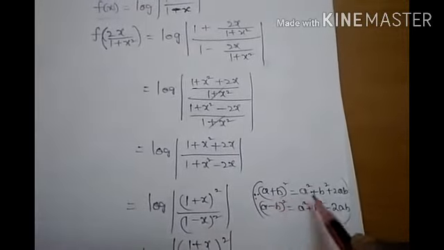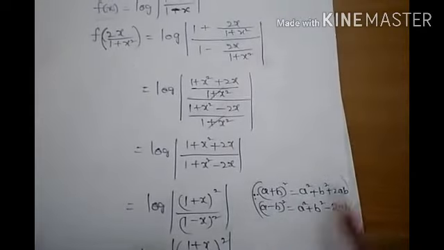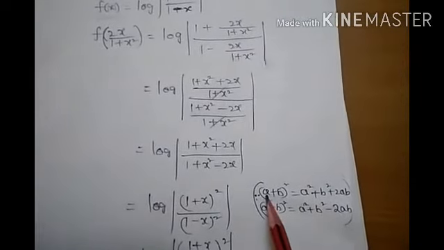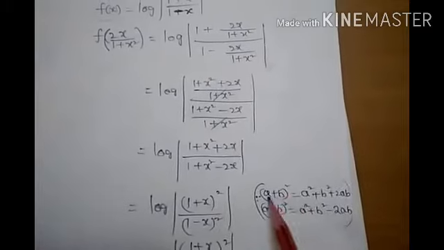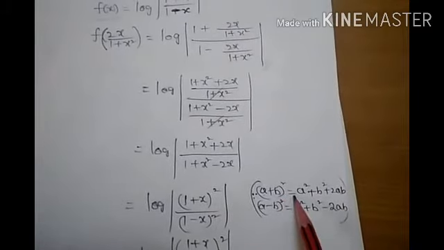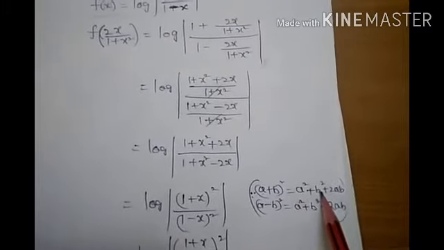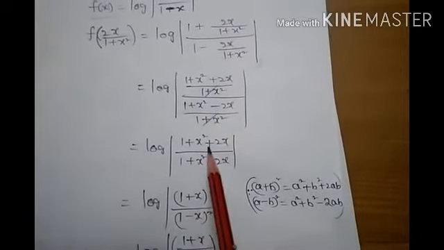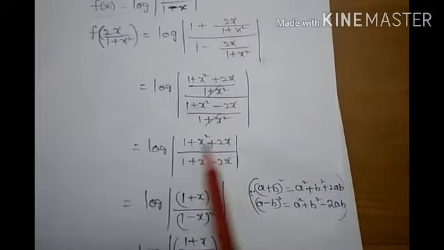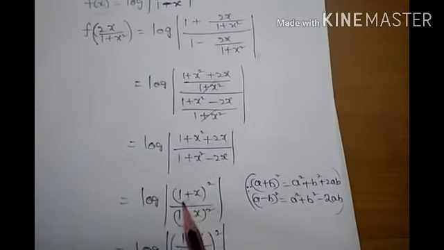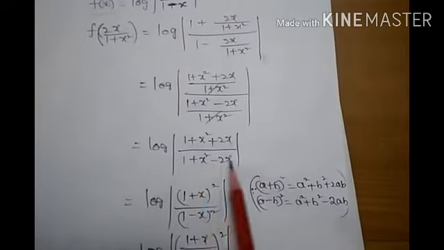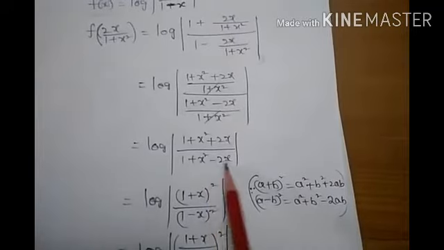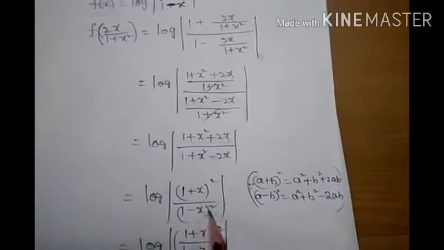What is a plus b whole square? a square plus b square plus 2ab. Here instead of a we have 1 and b is x. 1 plus x whole square gives 1 square plus x square plus 2 into 1 into x. That means 1 plus x square plus 2x. So this can be written as 1 plus x whole square. Again here also, 1 plus x square minus 2x can be written as 1 minus x whole square.